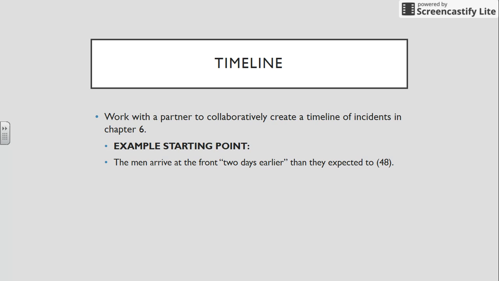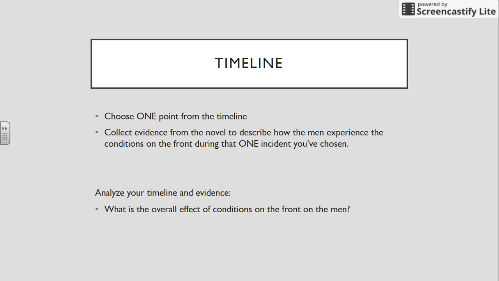All right, so once you get your timeline together with your partner, the next thing you're going to do is take one point from your timeline, one incident, and it can be any of them. There's no right or wrong in this one, but pick one that you think you could find the most evidence on.